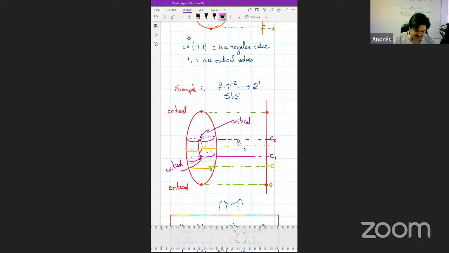So locally, this and this look like this. And this example, you know it very well from multivariable calculus. That the tangent space is the xy plane there, exactly. Nice. Okay, so this was more intuitive than computation. But are there any questions on example 2?